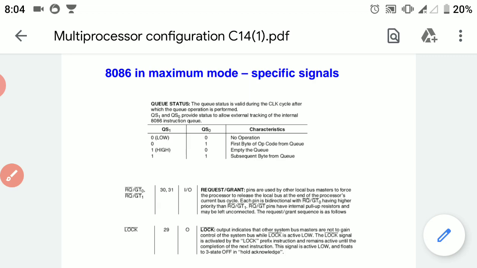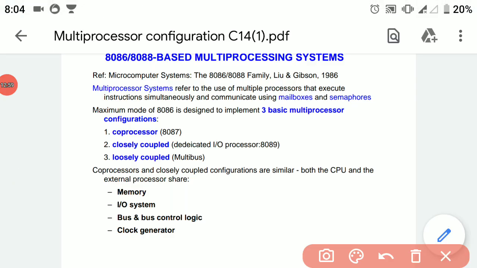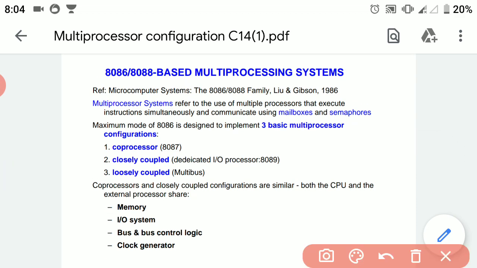Now we'll move towards the different configurations of multiprocessor systems. This is the 8086 or 8088 based multiprocessing system. Multiprocessor system refers to the use of multiple processors that execute instructions simultaneously and communicate using mailboxes and semaphores.